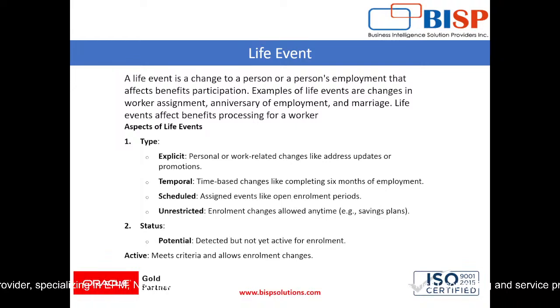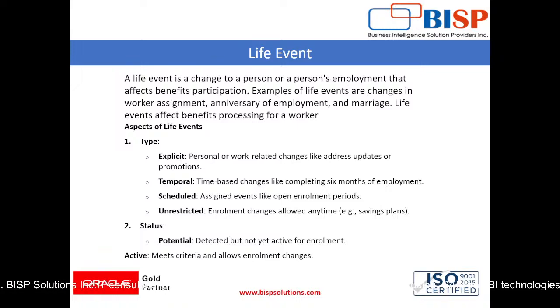Explicit is your personal or work related changes like address update or promotion. Then the second one is temporal, which is time based changes like completing 6 months of employment or 1 year of employment, and this will be your temporal life event. And then there is scheduled, which is an assigned event like open enrollment period.